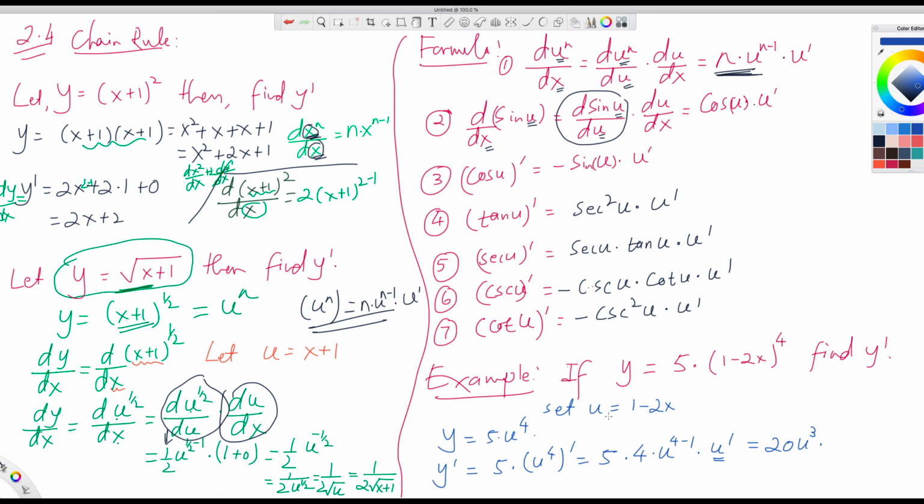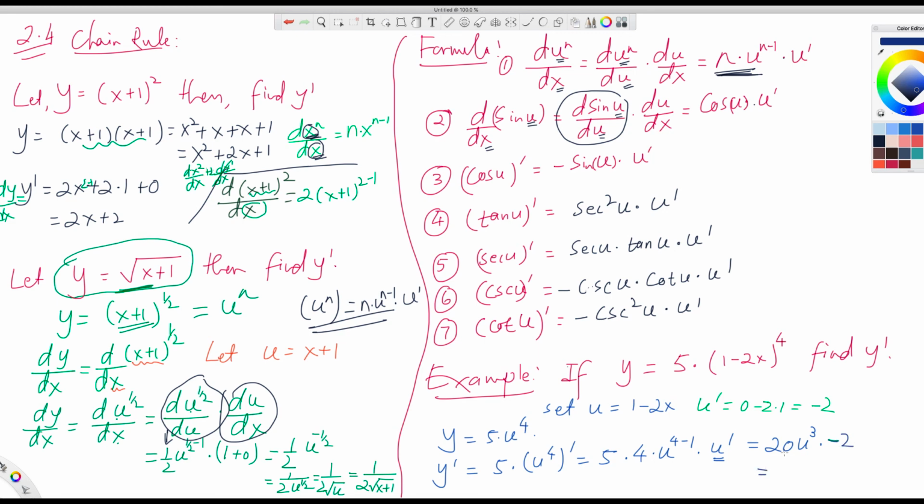If u equals 1 minus 2x, then what will be u prime? u prime equals the derivative of 1, which is 0, minus the derivative of 2x, which is 2 times the derivative of x, which is 1. So that will be negative 2. That's what you get, right? So times negative 2.